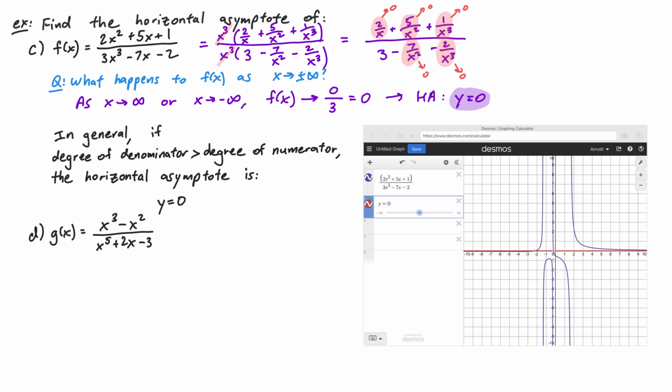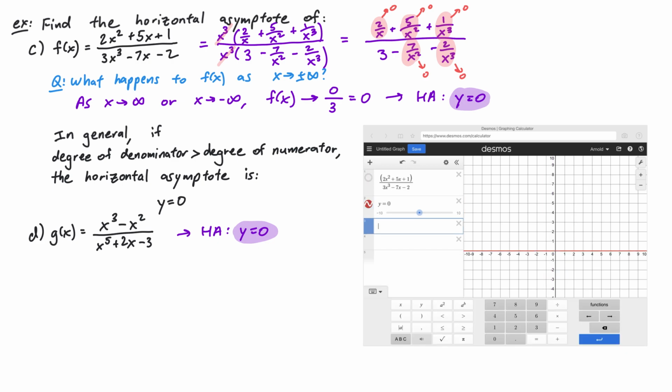Here, finding the horizontal asymptote is really easy. The denominator is a degree 5 polynomial. The numerator is a degree 3 polynomial. Since the denominator has a larger degree than the numerator, we know right away that the horizontal asymptote is the line y equals 0. Let's confirm this on our graph. Let's disable our first graph.